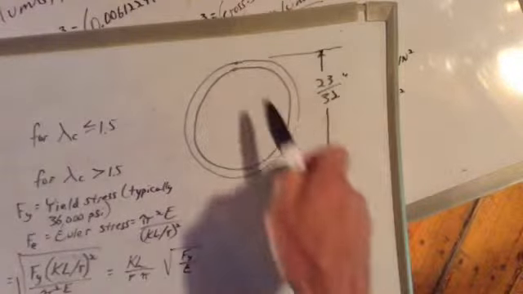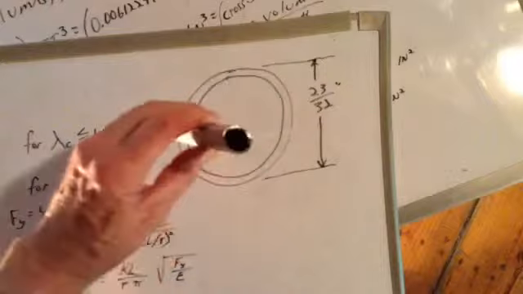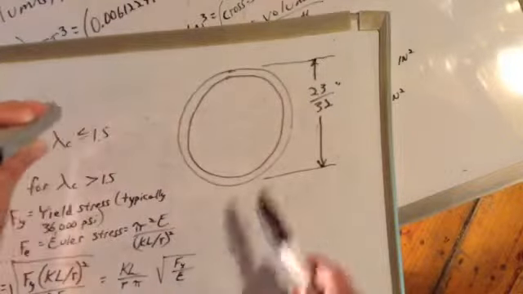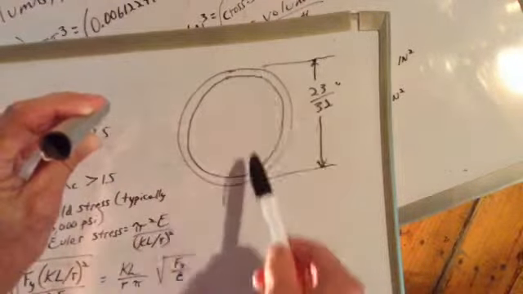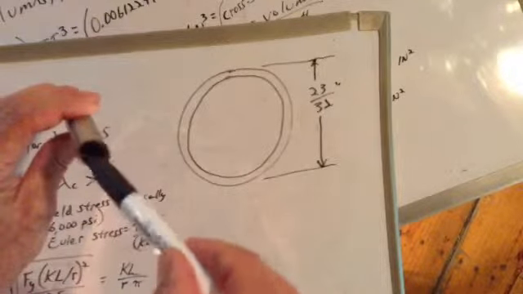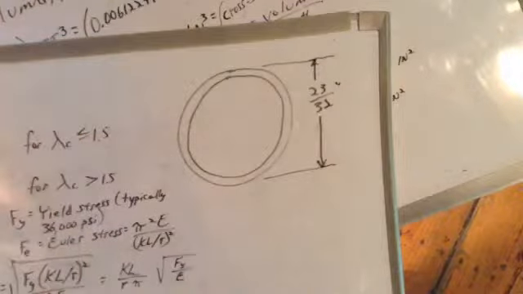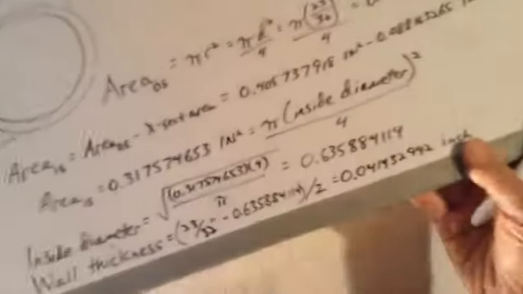So here's the end of this pipe, drawn a little bigger. It's 23/32 in diameter, outside diameter. We'll calculate what the wall thickness and the inside diameter are. Let's swap boards here.